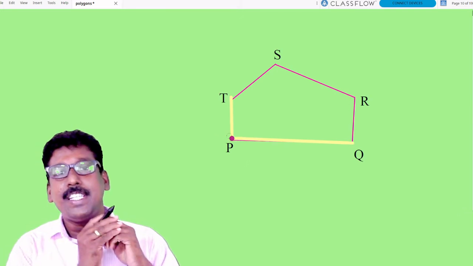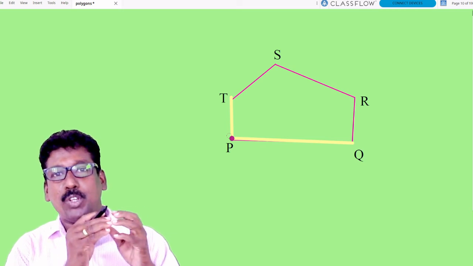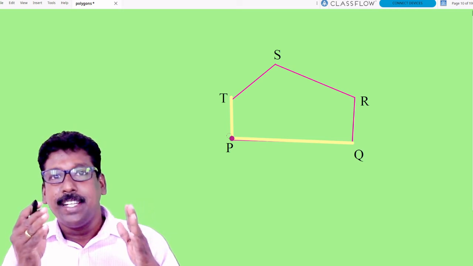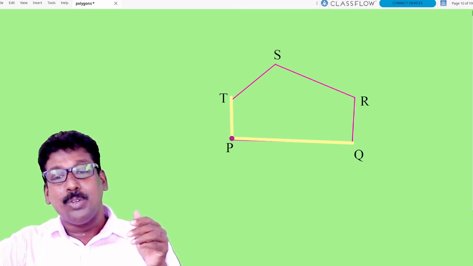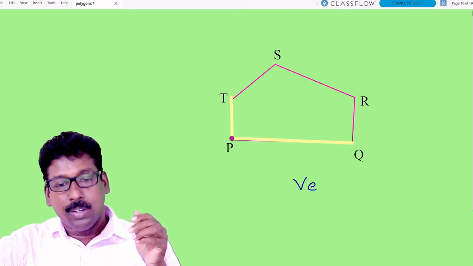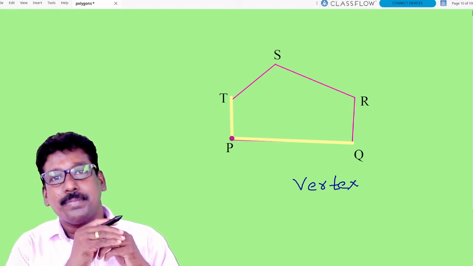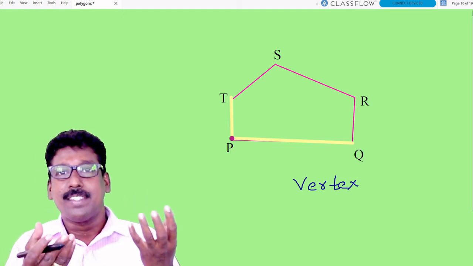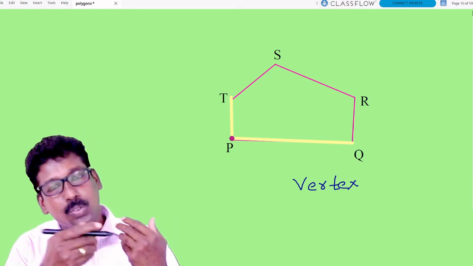Yes, it is P. P is the meeting point of two sides, that is TP and PQ. This meeting point also has a name. It is called the vertex of the polygon. So what is a vertex? It is simple, the meeting point of two sides.